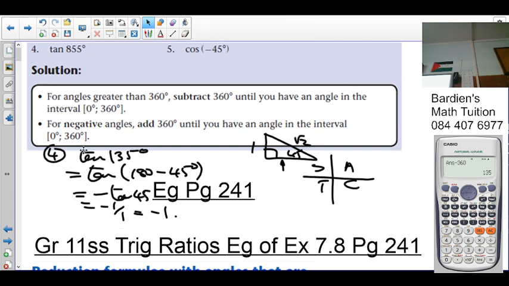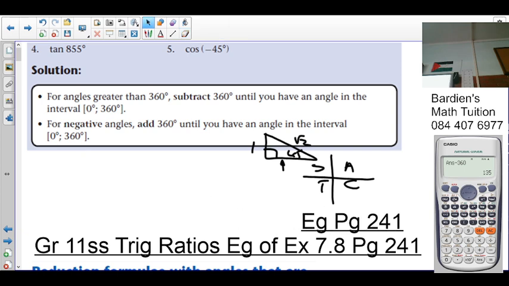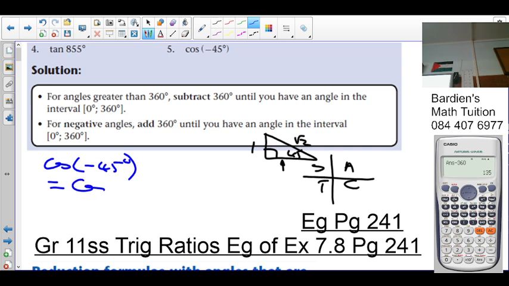Let's look at the next one. You've got cos of negative 45. So what do I do here? Add 360. So I get cos of 315. Which quadrant is 315 in? Fourth quadrant.